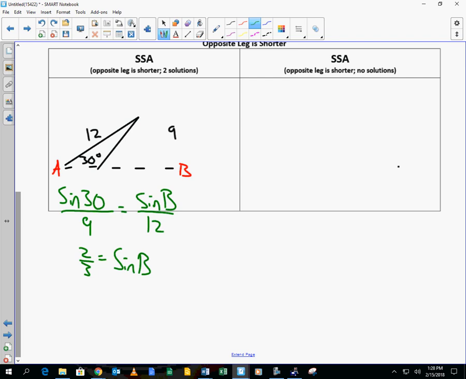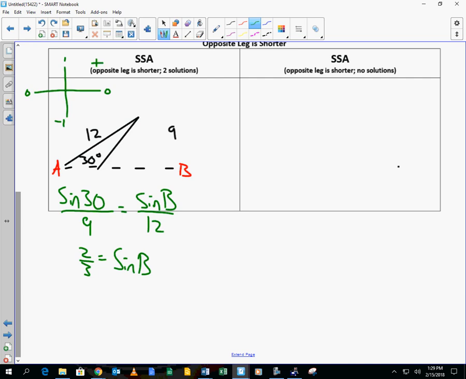You good? What's the biggest value that sine can be? 1. What's the smallest value sine can be? So is it possible for sine to have a value of 2/3? It sure is. Where is sine positive?